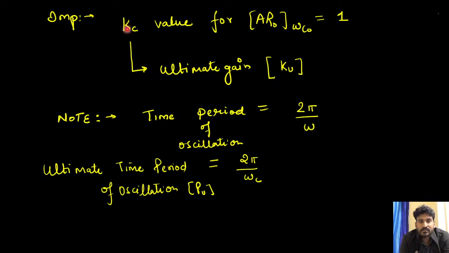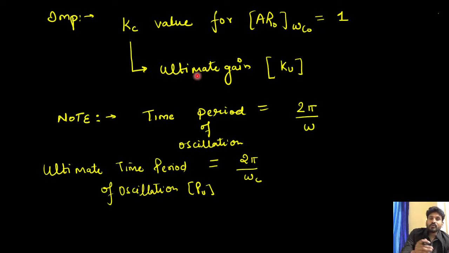Then Kc is not Kc, now Kc is Ku, which is your ultimate gain. So if somebody is asking how to calculate the ultimate gain, मैं बोलूंगा कि if anybody is asking about the ultimate gain, it means I should put overall AR at crossover frequency equal to 1. This is the predefined condition now, because ultimate gain is only calculated for AR equal to 1.